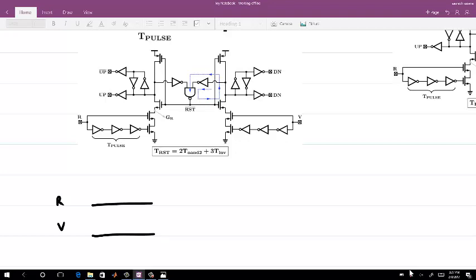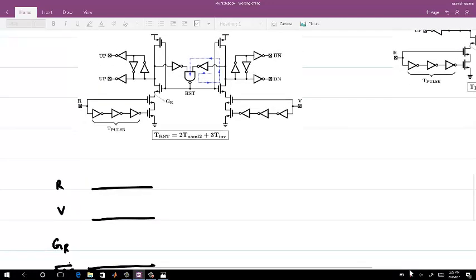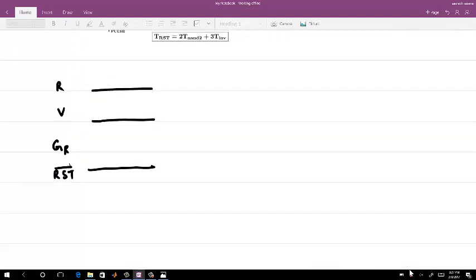At that time, when R is low, your GR pulse is considered and your reset bar is actually high, and your up and down are both 0.